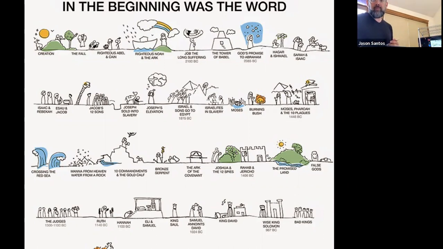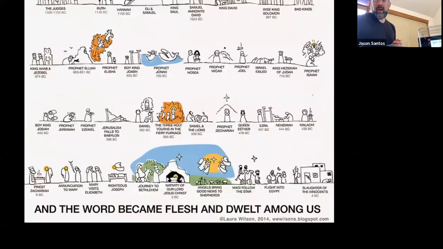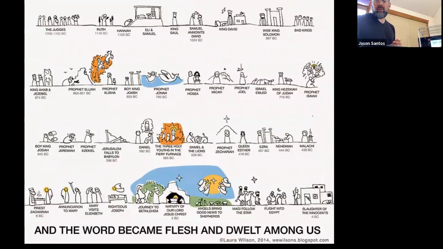So if you're looking at this map, the 400s happened after Malachi down here. If you're looking at the very bottom, use the pencil, 400 after that. So you have the beginning of the formation of the canon around this time.